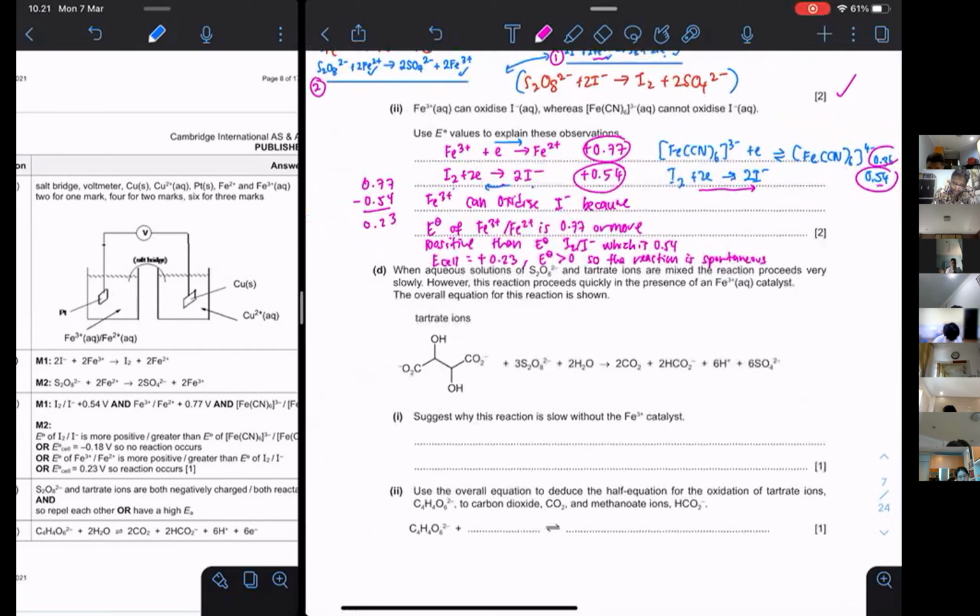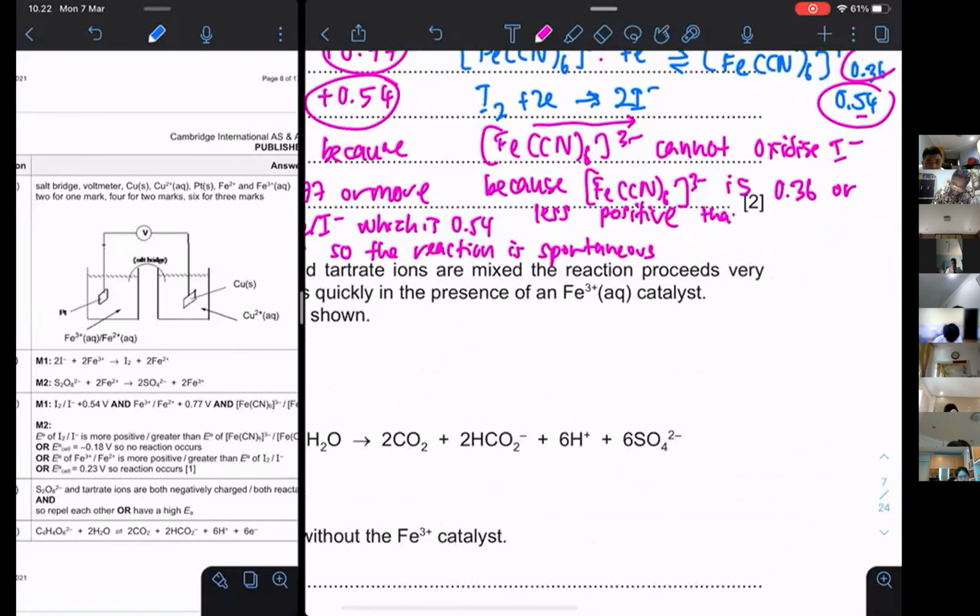Okay, so this Fe(CN)6 3- cannot oxidize I-, because, you explain this, for Fe(CN)6 3-, the E value is 0.36, or less positive than 0.54 for I2 and I-.